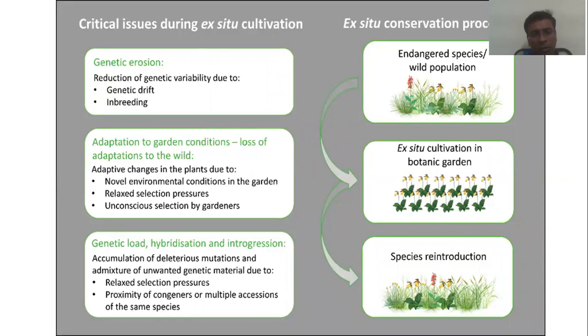And there is adaptation to garden constraints, with loss of adaptation to the wild. Adaptation to garden conditions means that water is supplied, and nutrient water and fertilizer substances may also be used for plant growth.